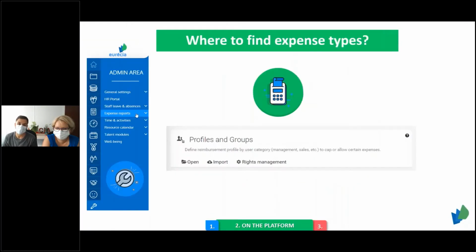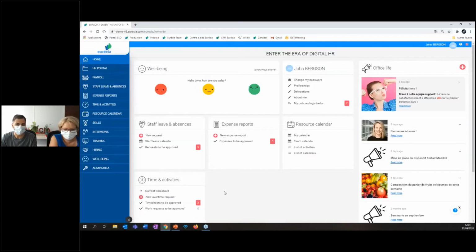Let's go on the platform. Where to find the expense types? So on the tab at the left of your platform, you have the admin area. And in the admin area, you will have the expense reports menu. So let's go on the platform. Perfect.